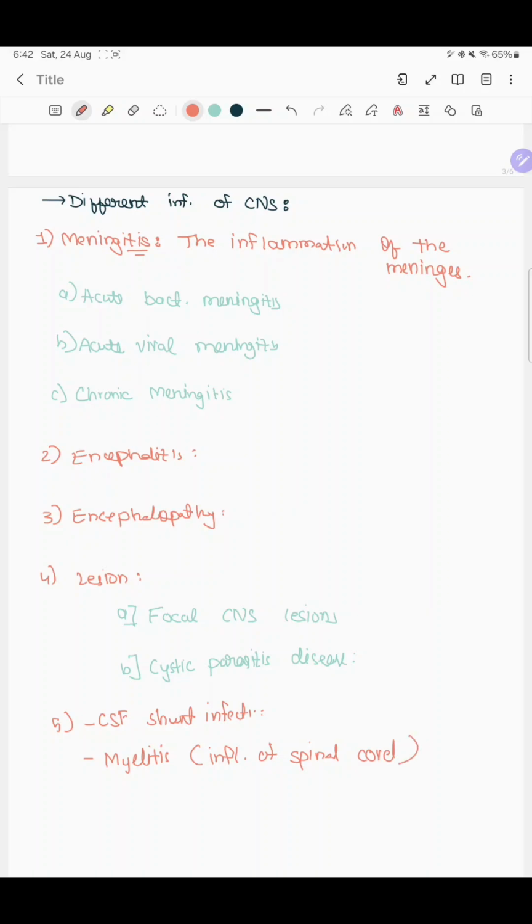Neurotoxins can also cause infections like tetanus, another most important one, and botulism. So the different infections of CNS include meningitis, encephalitis, encephalopathy, and lesions.